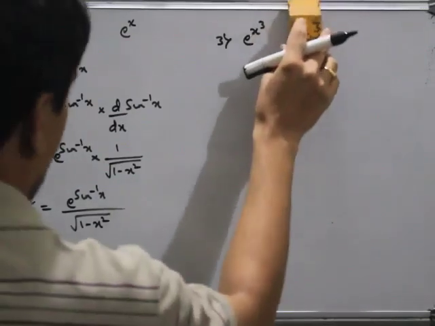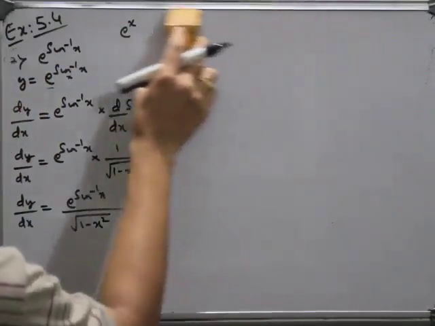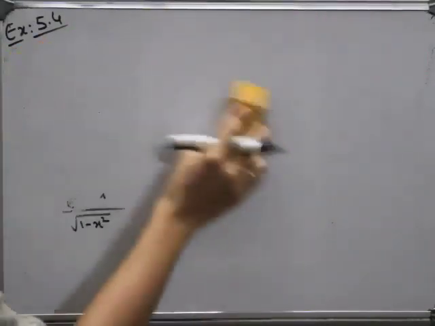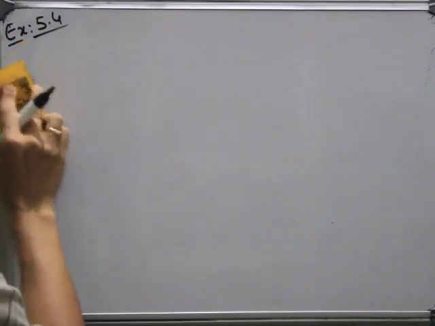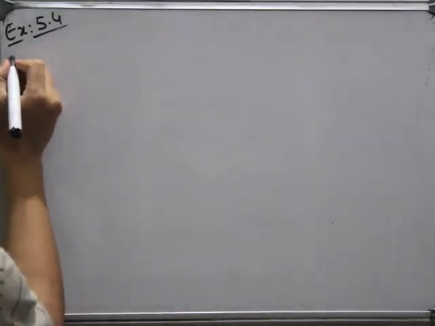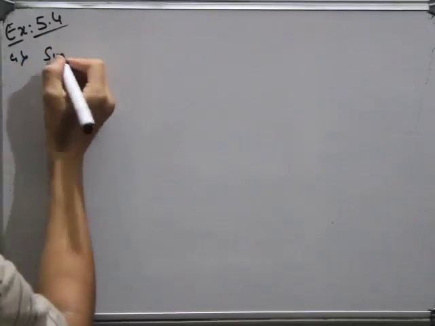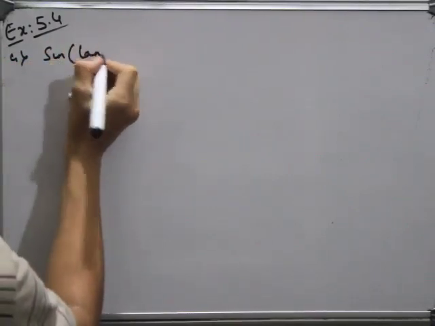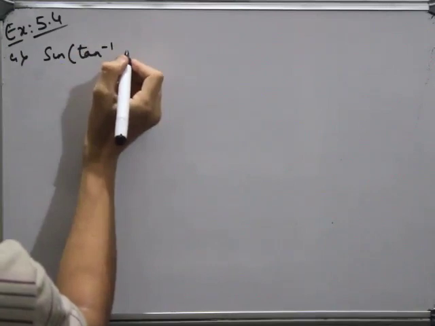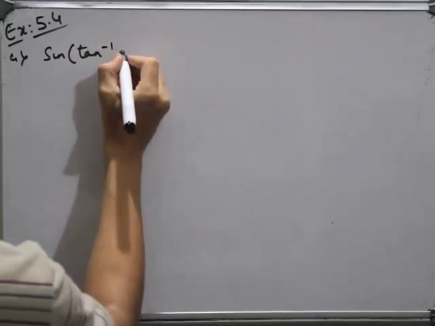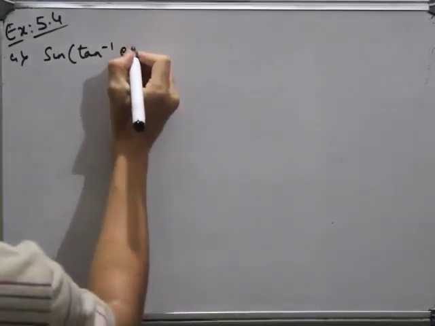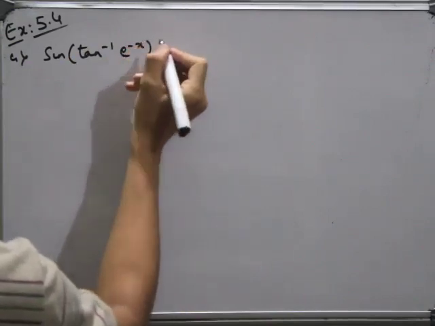This is a bit challenging when it comes to chain rule. The fourth question is sine of tan inverse of e to the power of minus x.